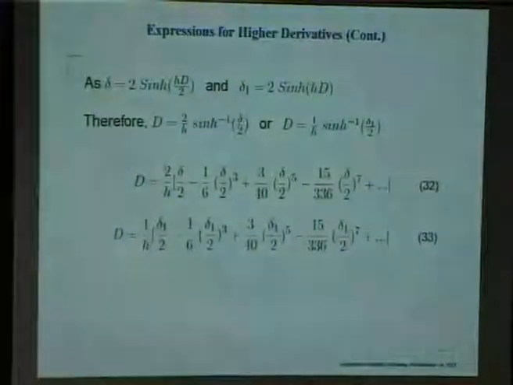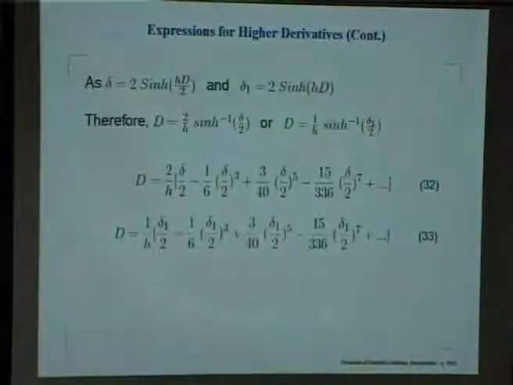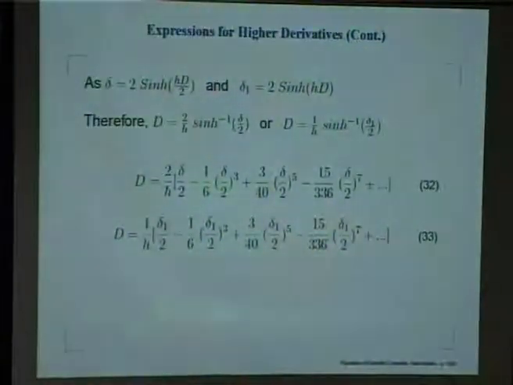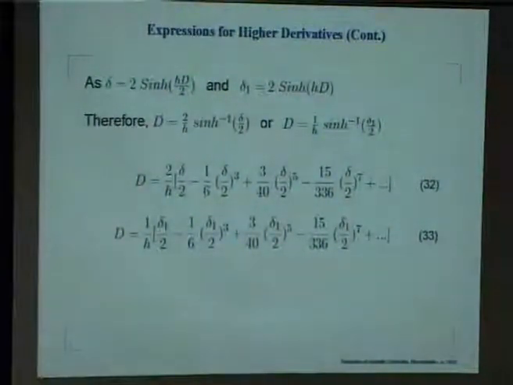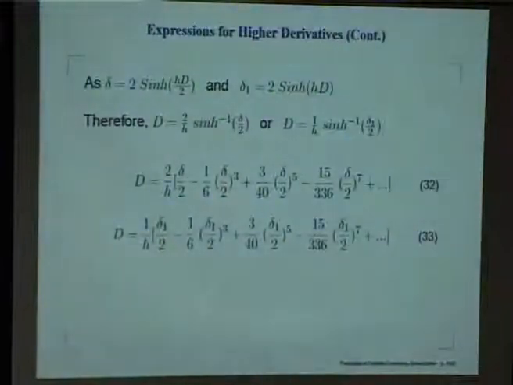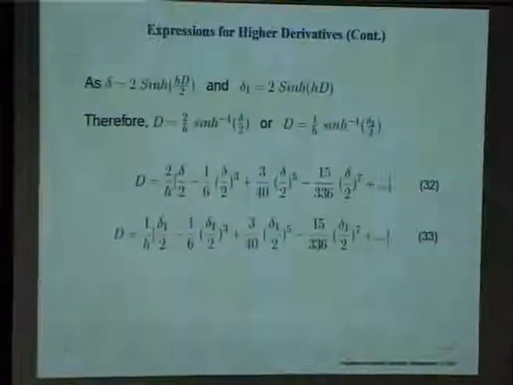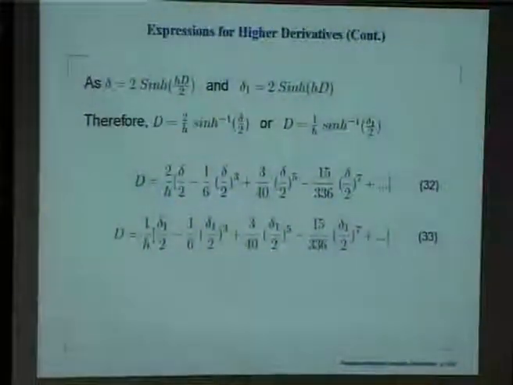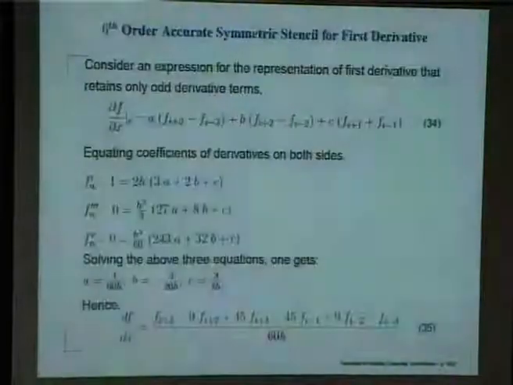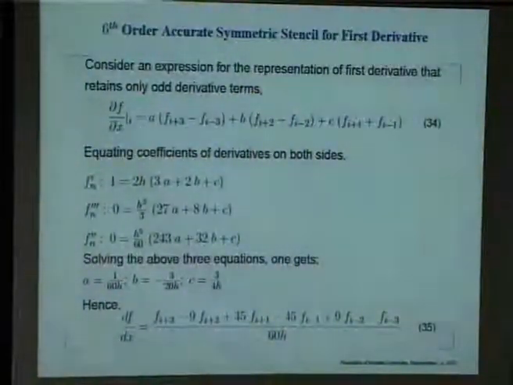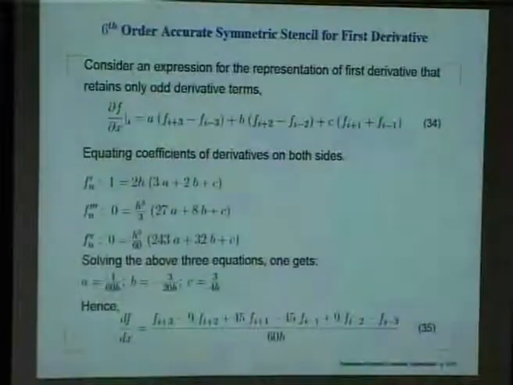So, this is an alternative form where you are getting the first derivative in terms of only central differencing, right, because these deltas are the central difference operator, these are not one sided. Or you could write it in terms of those integral node values, then you would have delta 1 and then you can write this. So, these are formal ways of simplifying your task and getting as high an accuracy formula as you want.